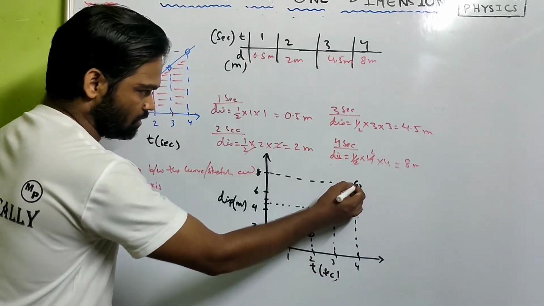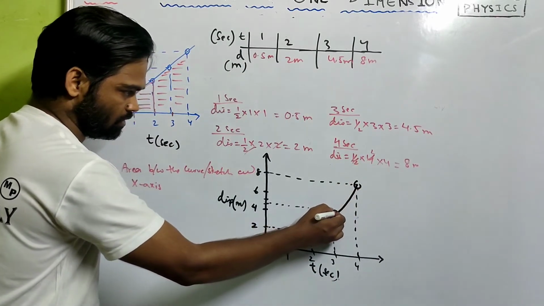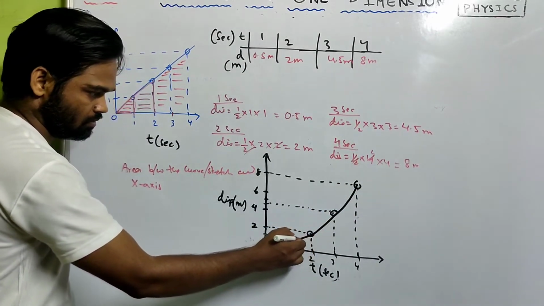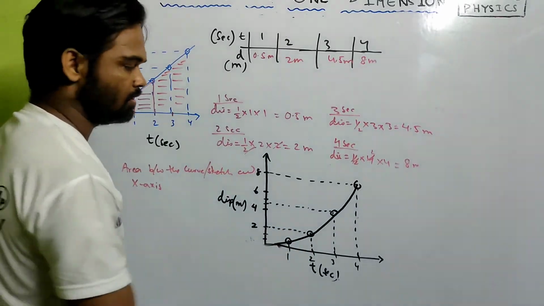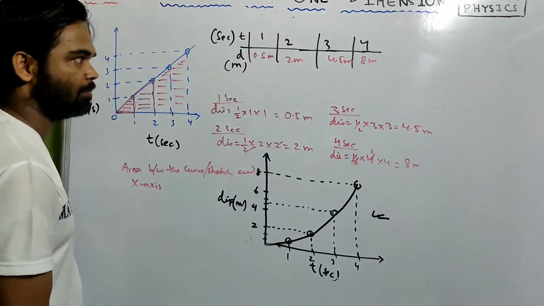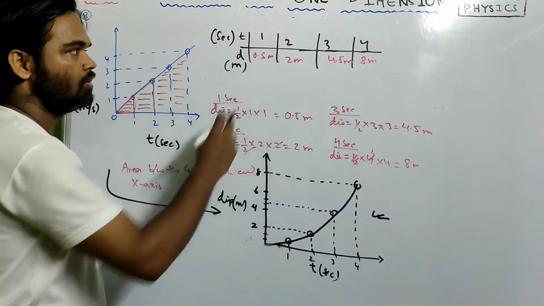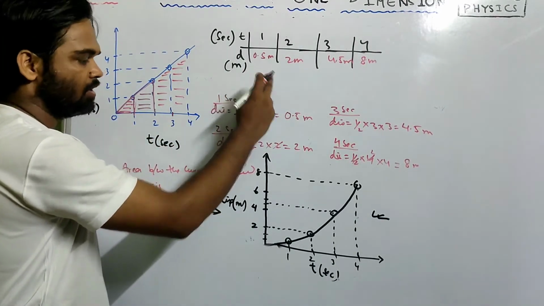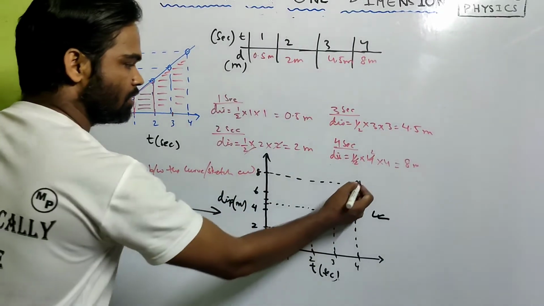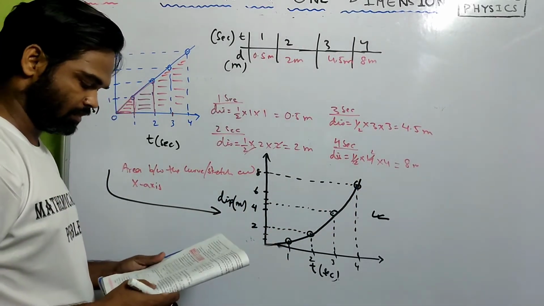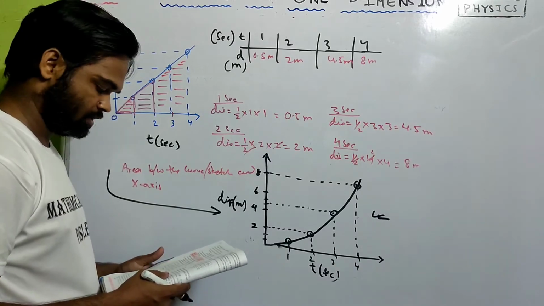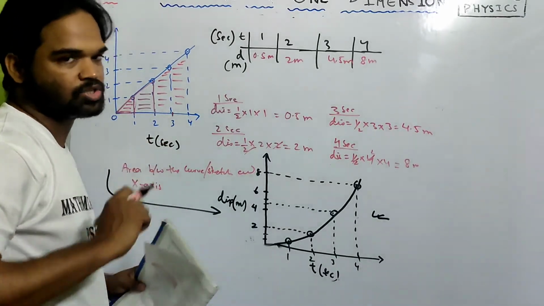So you get a curved line. Isn't it? This is your displacement time graph from this velocity time graph. We got this table, and from here you can construct this. I think easy. Clear? Now let us look at the next one.